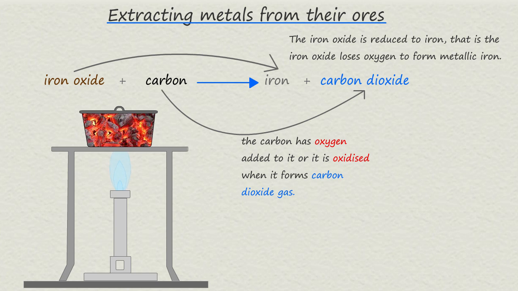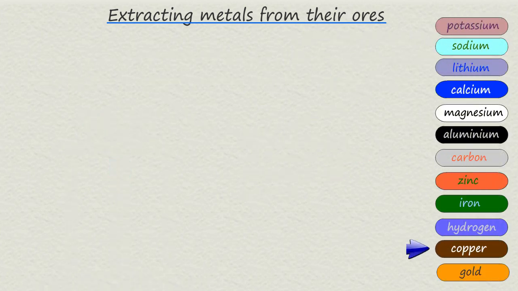Now, the reduction of a metal using carbon is not the only method that can be used to obtain a metal from its ore. If we look at the reactivity series, for example, we can see that copper metal is less reactive than hydrogen, since it is below it in the reactivity series.